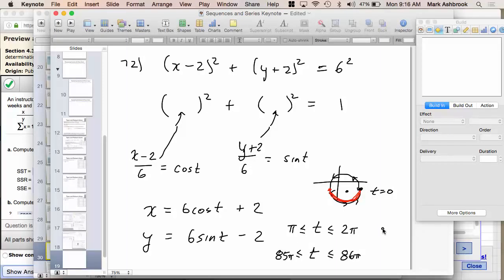Yeah, that's right. So I could go around as many times as I want, as long as I start on the left-hand side, which would be any odd multiple of pi, and end up on the right side would be any even, the next even multiple. That would give me the bottom half of the circle. So I can go 3 pi to 4 pi, 5 pi to 6 pi, etc. So I'll go from 85 pi to 86 pi. That would give me the bottom half of the circle.